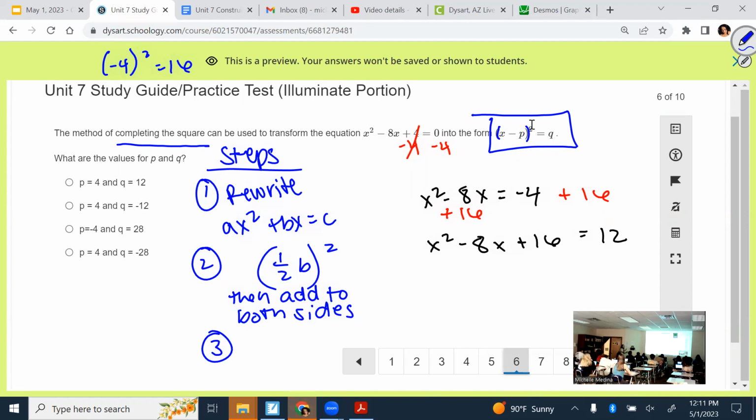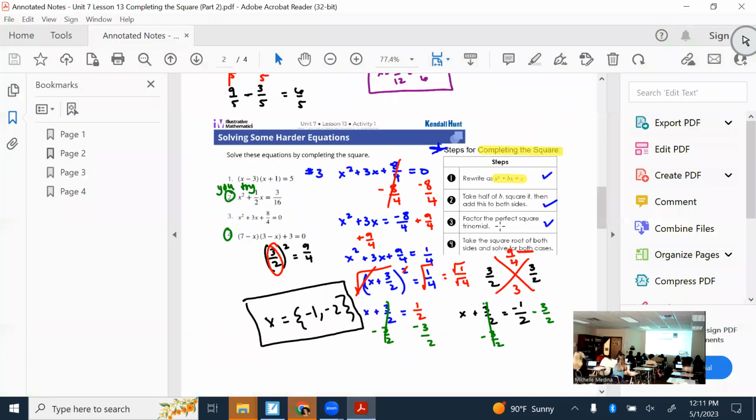Well, that's what you would do after that step. How do I go from where I'm at right now to make it look like this? Factor it. Factoring it is the correct answer, and it's in the notes, just FYI, I'm not making this up.